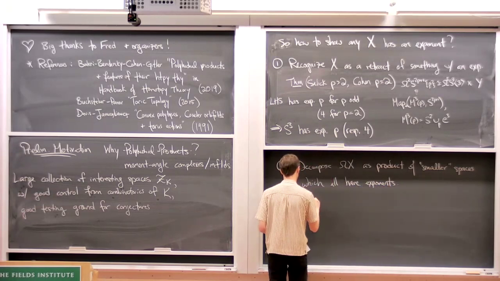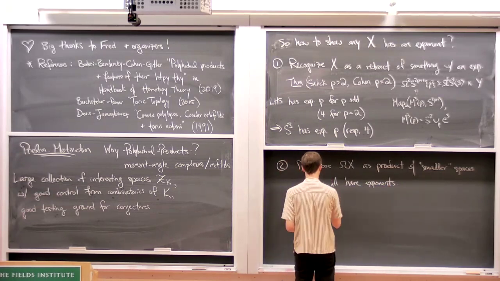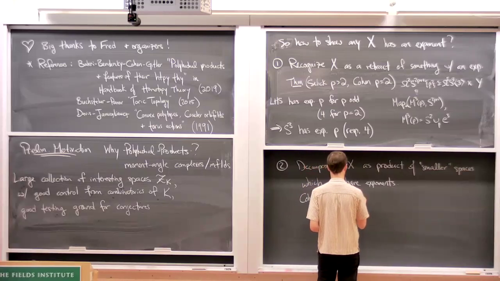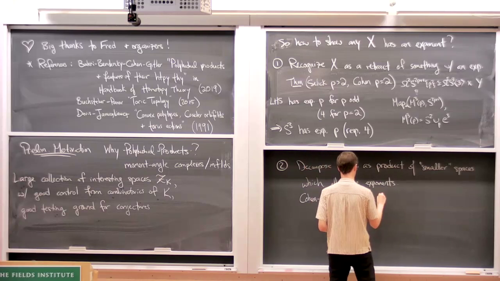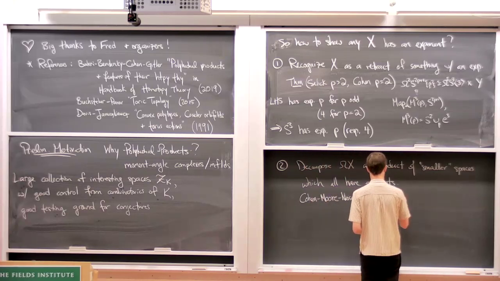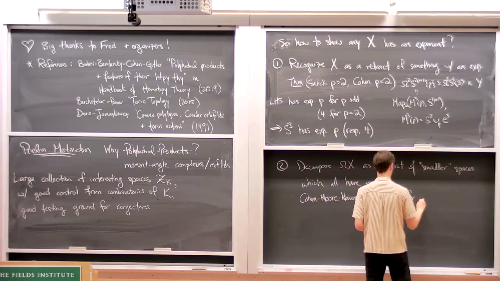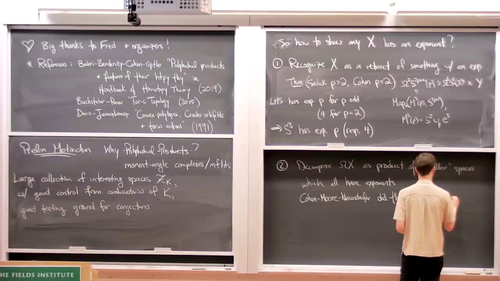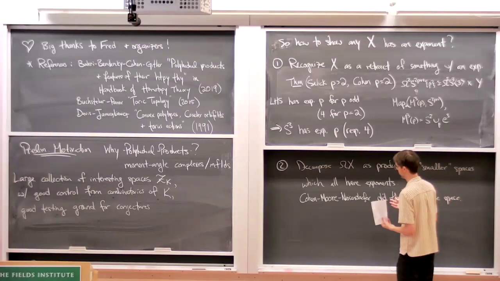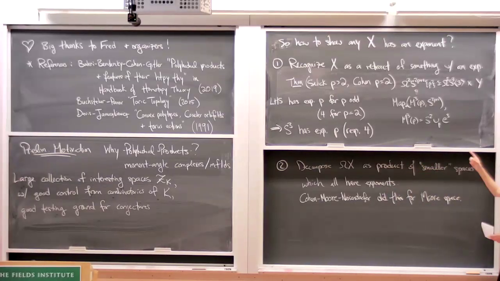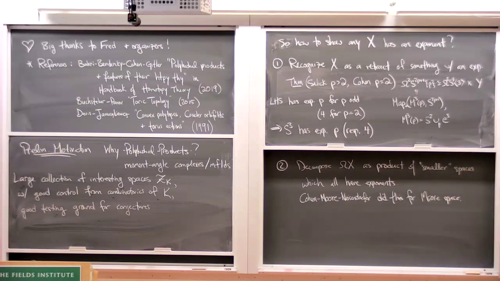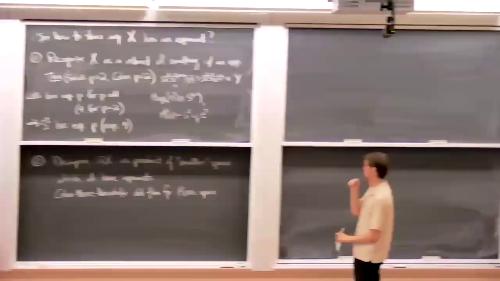Okay, so Cohen, Moore, and Neisendorfer did this for a Moore space. Got some explicit decompositions of the loop space of any odd primary Moore space anyway. Okay, I'll spell this out in a second.